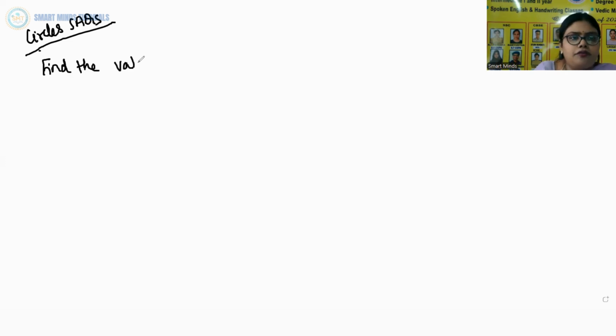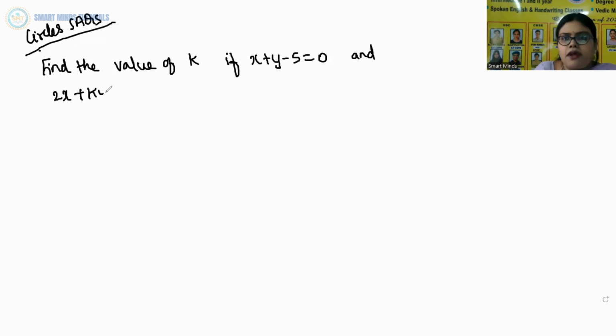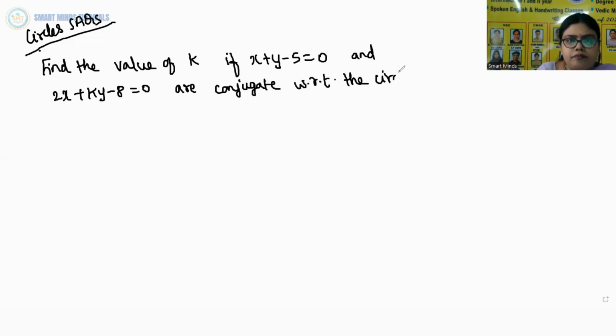Find the value of k if x plus y minus 5 is equal to 0 and 2x plus ky minus 8 is equal to 0 are conjugate with respect to the circle x square plus y square minus 2x minus 2y minus 1 is equal to 0.